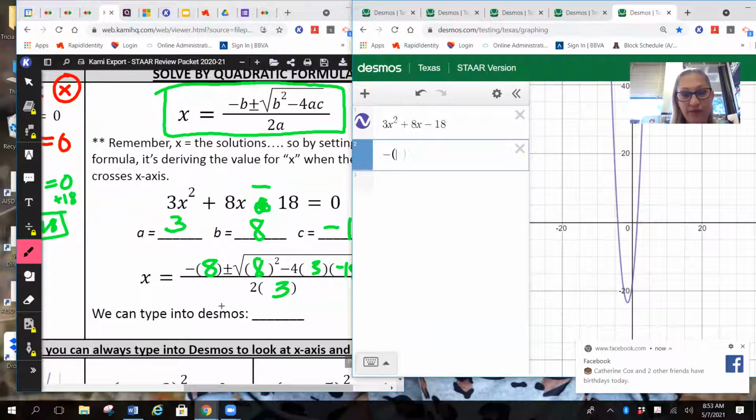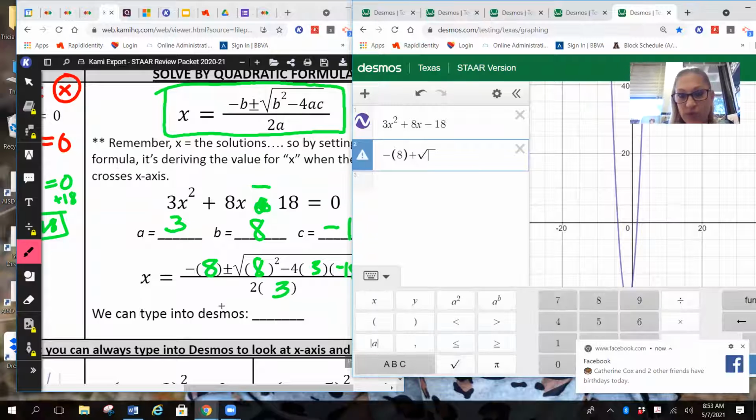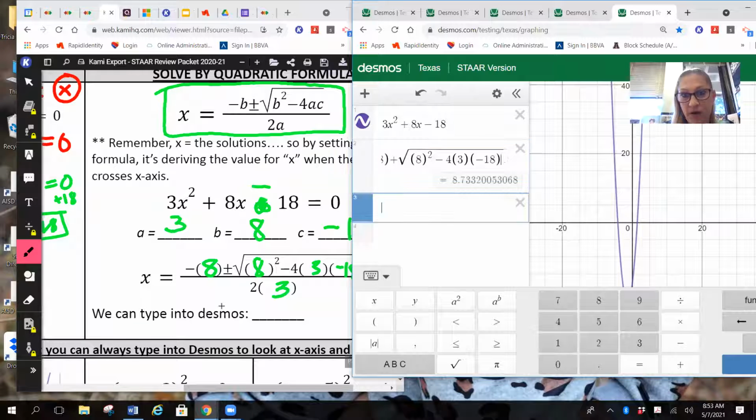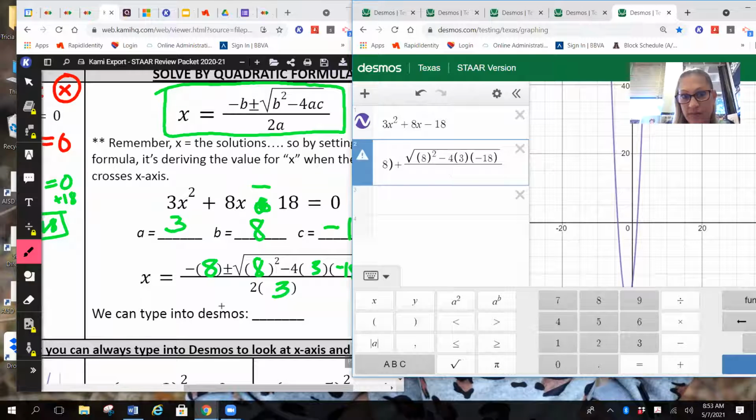So negative 8, we'll do 1 with a plus. Then we can hit the square root of 8 to the power of 2 minus 4 times a times c, okay, all divided by... oopsies, go back.